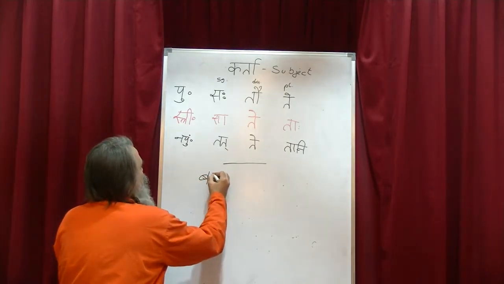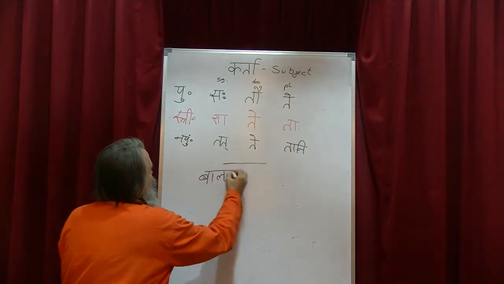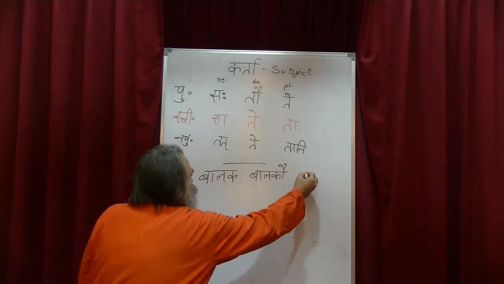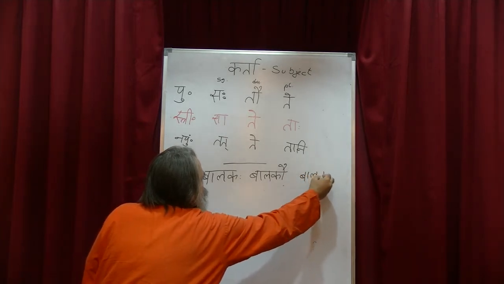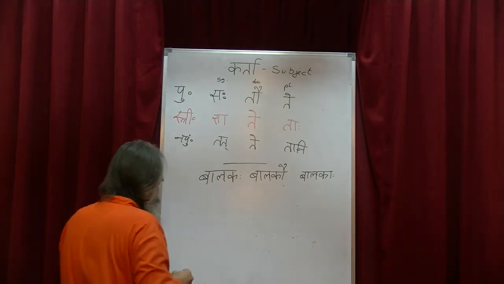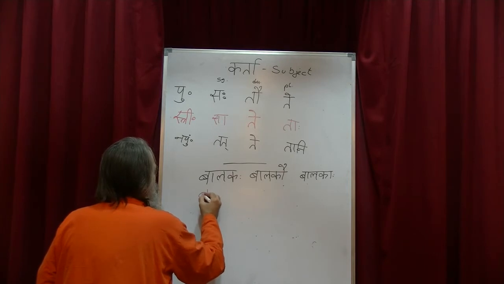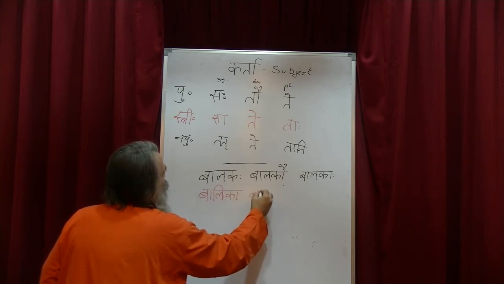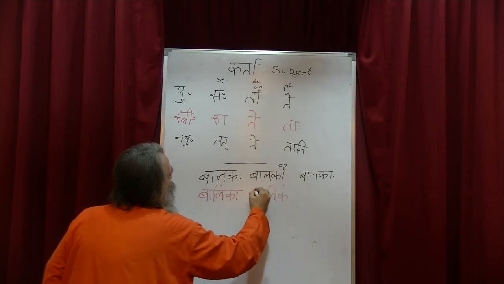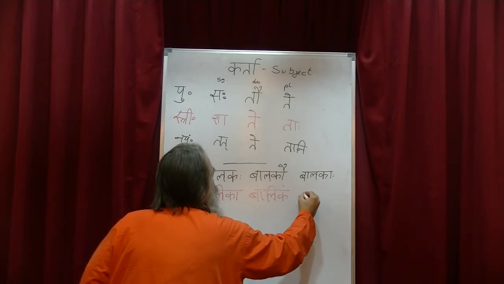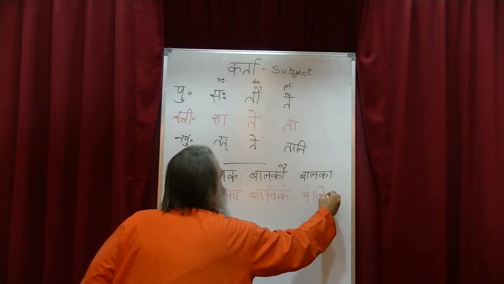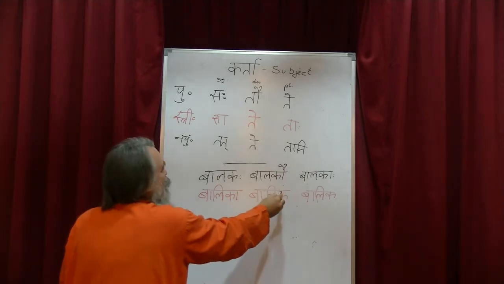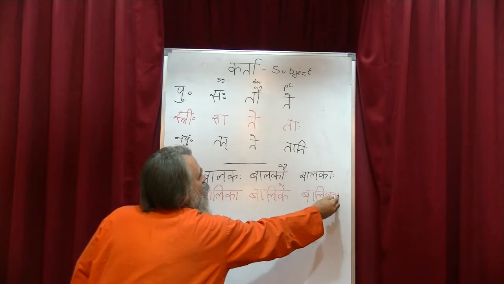So we have balakaha, balakau, and balakaha. In striling it would be balika, balike, balikaha. And then we have pustakam, the book, pustake, and pustakani.